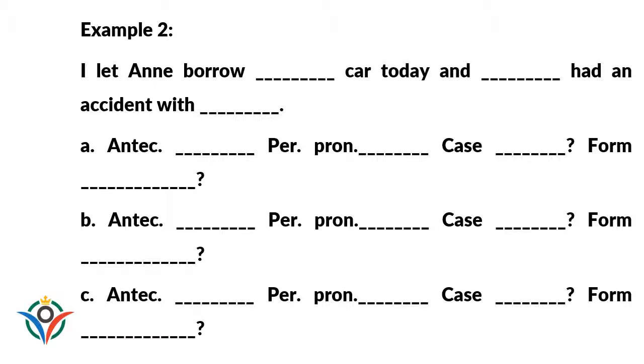So our second example reads as follows. I let Anne borrow blank car today, and blank had an accident with blank. So let's fill this out. I let Anne borrow my car today, and she had an accident with it.